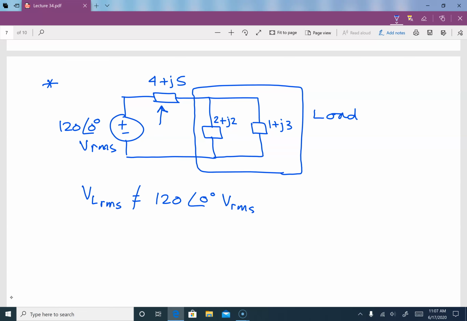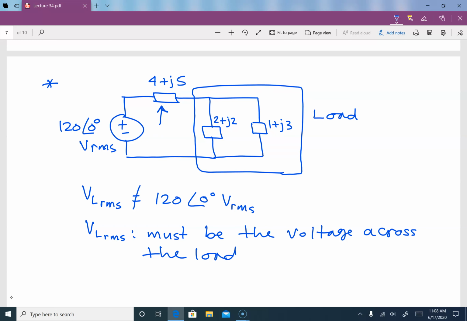So we said that VLRMS must be the voltage across the load. So that means this 4 plus J5, that is the transmission line. So this is our load over here. So that means I need to find the VLRMS.